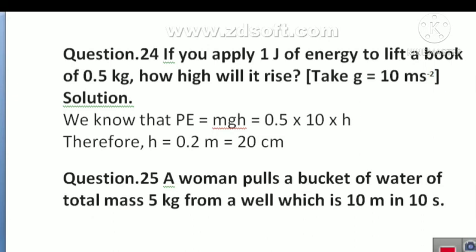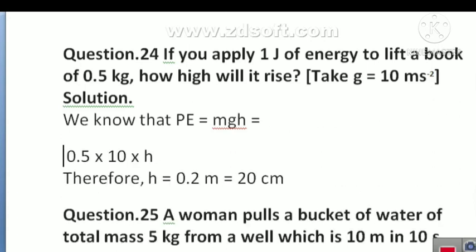Therefore here we can write 1 joule equal to 0.5 into 10 into h.